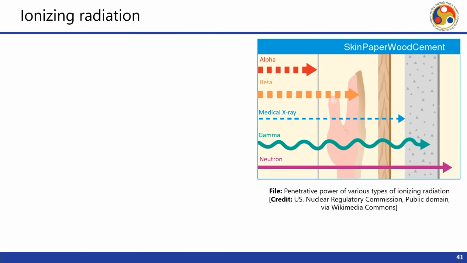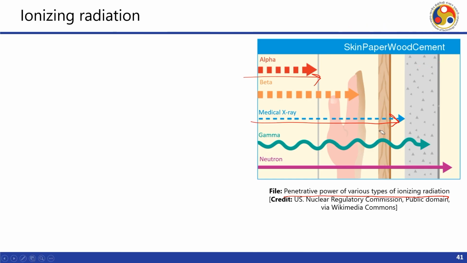This picture shows the penetrative power of various types of ionizing radiation. For example, we have here the alpha beam which can penetrate up to a particular depth, but here you can see there is a skin, paper, wood, cement. The medical X-ray, for example, can cross our body.